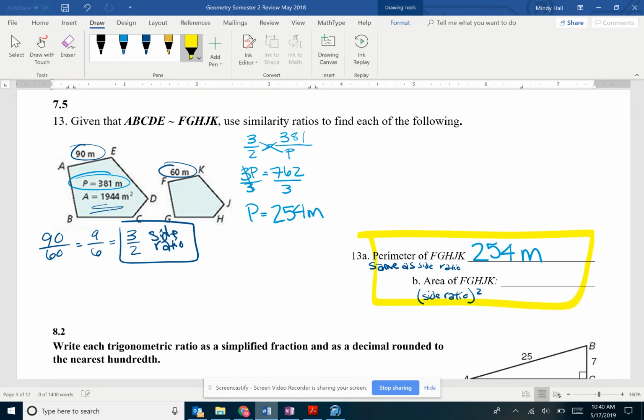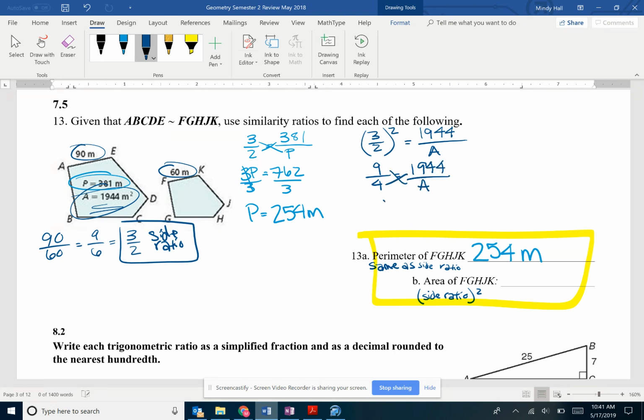So then for area, you're going to do the exact same thing, except instead of just leaving it as 3 over 2, you're going to have 3 over 2 squared because the ratio is squared. And then on the other side, you will put the actual area for your big one, over your unknown area. So 3/2 squared would be 9/4.